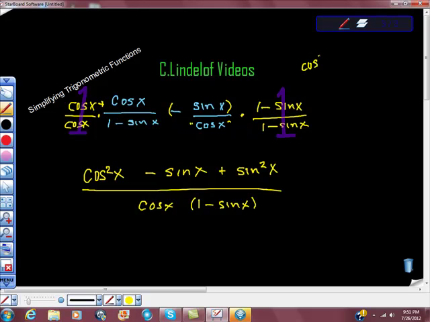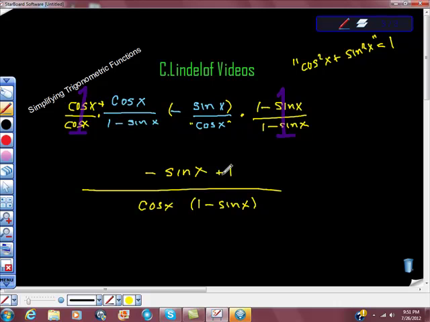We say cosine squared x plus sine squared x is equal to 1. Well, look, we have cosine squared x here, and we have sine squared x here. So this piece plus this piece is positive 1. I'm using that replacement value. So it is 1.